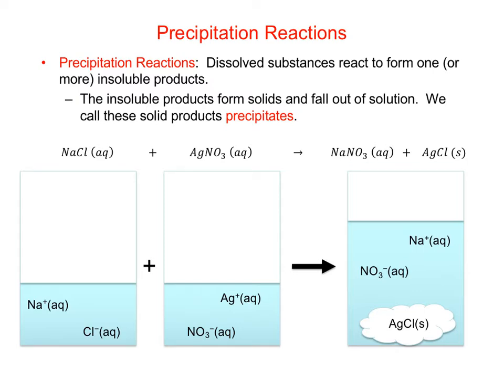And if you go to look at the solubility rules, chloride compounds are generally soluble, but silver is one of the exceptions. And so when I mix these two solutions and the silver and the chloride ions are now allowed to interact, they will form an insoluble precipitate that will fall out of the solution as a solid.